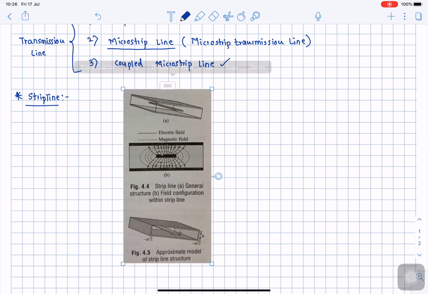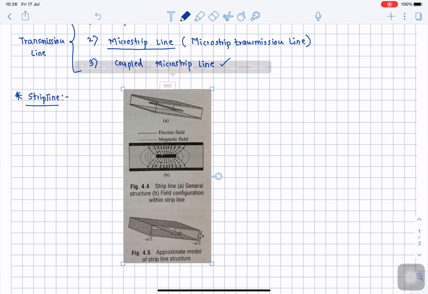Or rather I will choose some different color, say I will use red color. Okay, so these red color lines are the magnetic field. Now please remember, the magnetic field has to be in the form of a closed loop. Okay, and how is it circulating? It follows the right hand rule, right? So it follows the right hand rule.